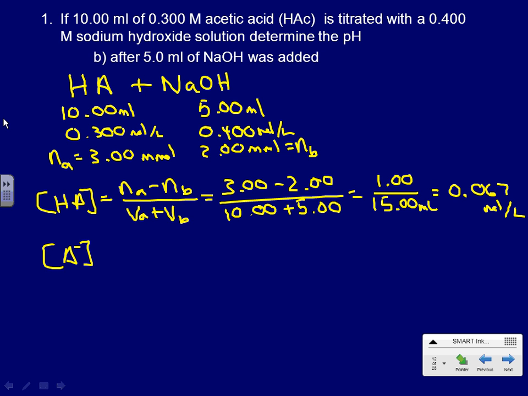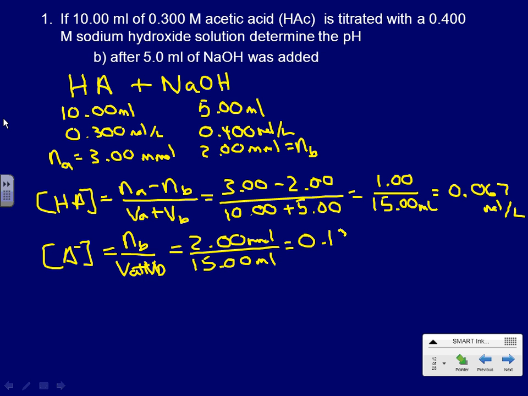How much conjugate base was that converted into? Well, that's equal to NB over Va plus Vb. And if we do that, 2.00 millimoles over 15.00 milliliters. And the milli cancel out, and I get 0.13 moles per liter.